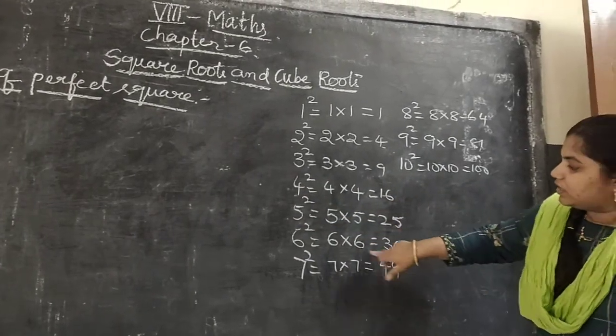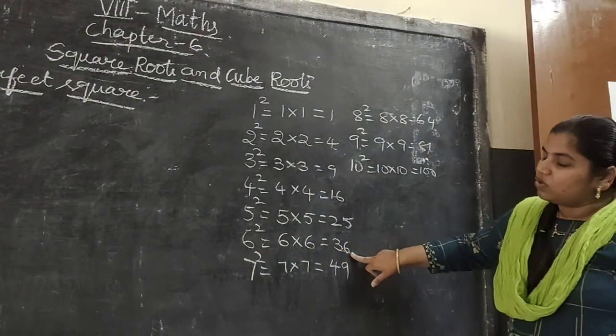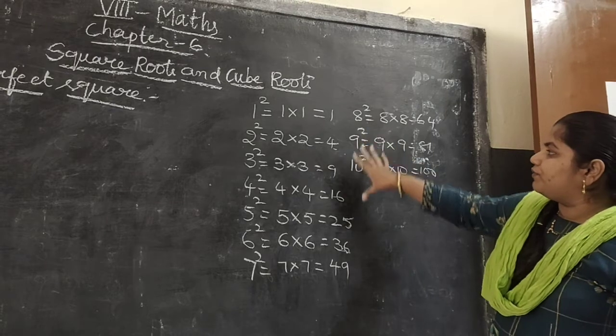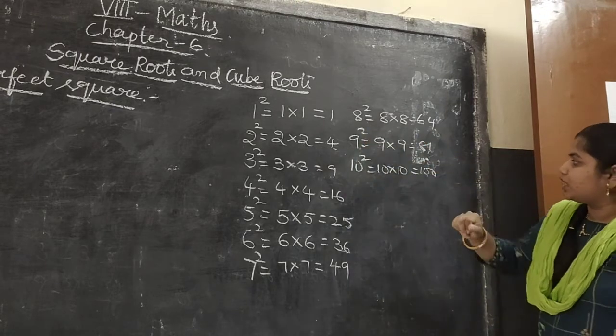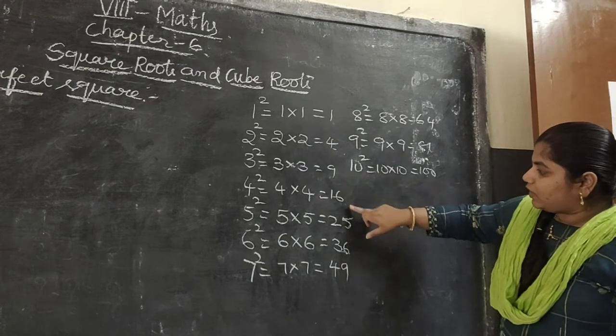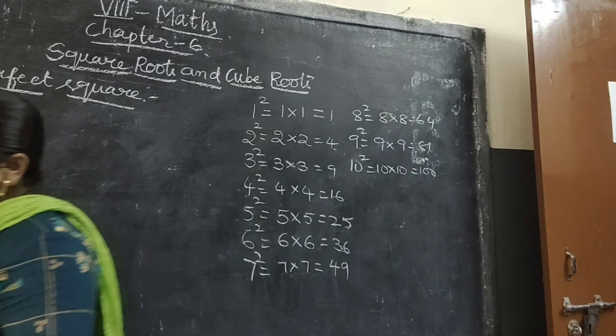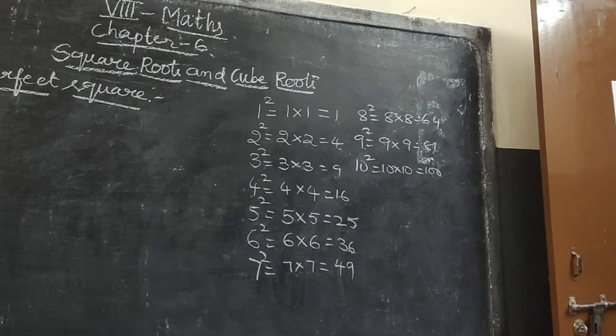In the same way, 6 square, that is 6 into 6 is 36, units place is also 6. Only a few different types of digits are repeated here. What are they? 0, 1, 4, 5, 6 and 9. Only these will be repeated in the perfect squares. So what is the first property?